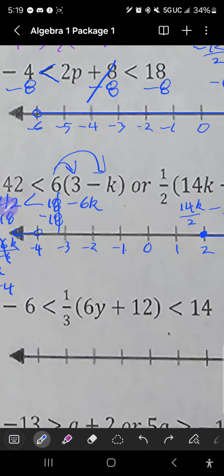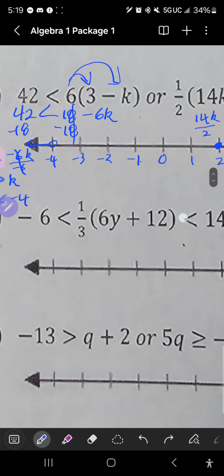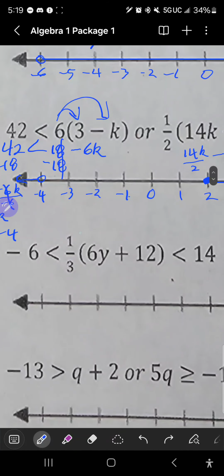Now for this one, I just forgot how to say that word. I'm sorry. It's like a mix of the two previous questions. And you also need to multiply the numerator times the numerator and the numerator times the denominator.